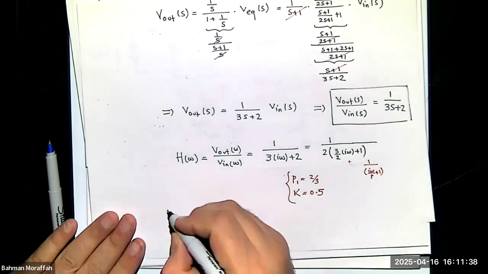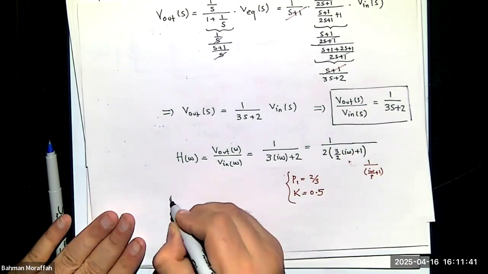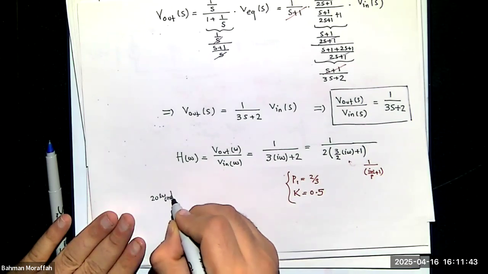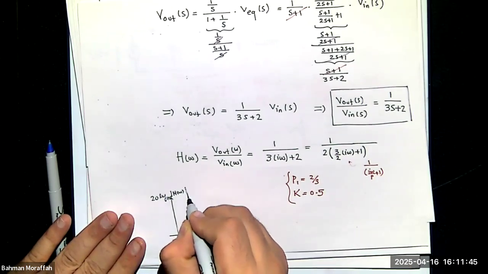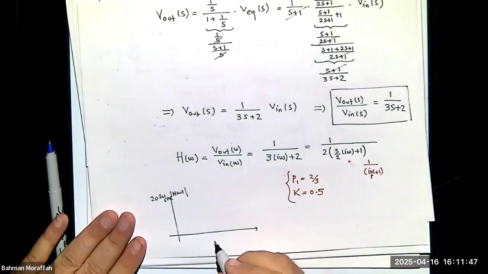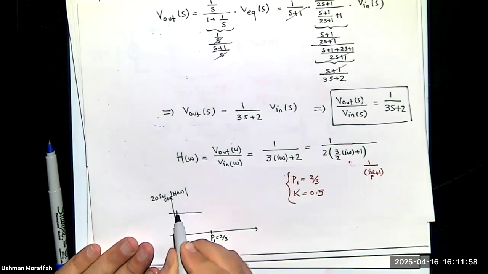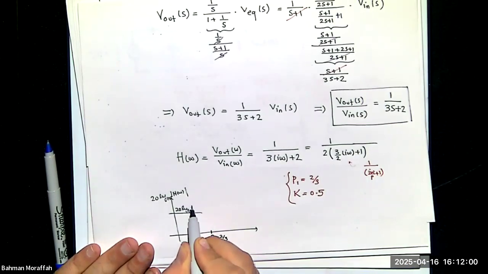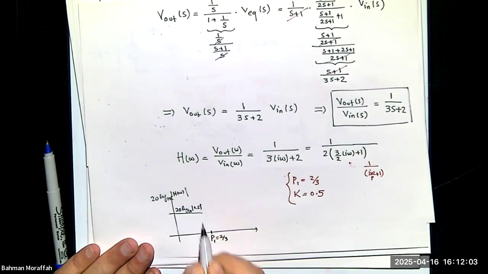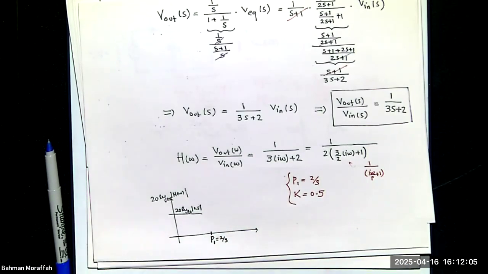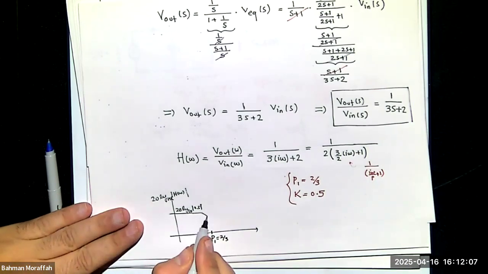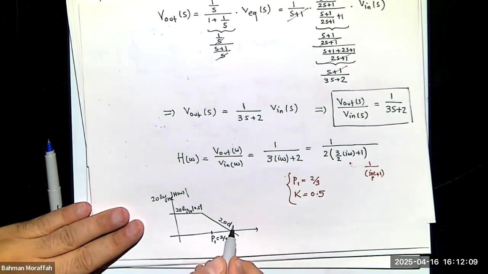If I plot it, it's 20 times log 10 of the magnitude of H of omega. I know I have a break at this P1, which is 2/3. I'm going to have 20 times log 10 of the magnitude of half over here till I hit this point where I go down by 20 dB.